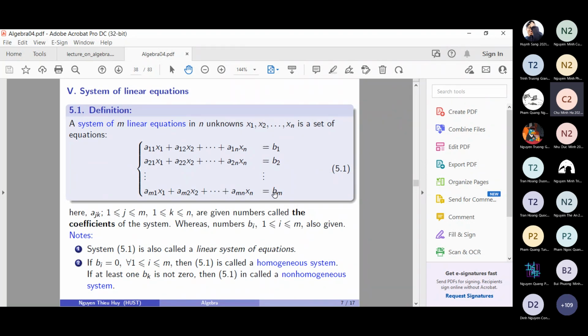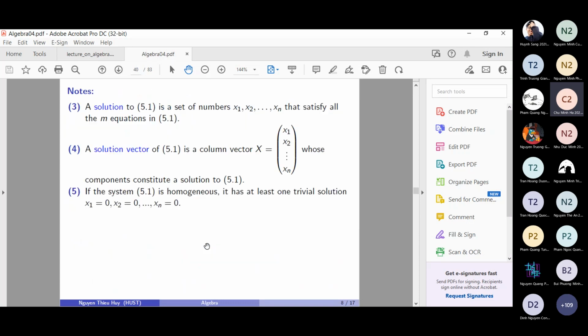The right hand side always being 0 corresponds to the homogeneous system.